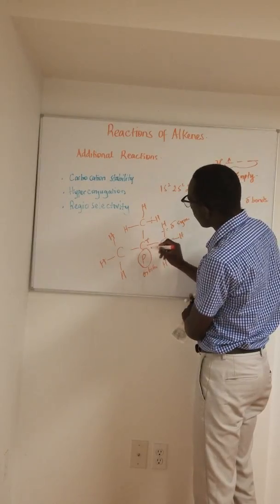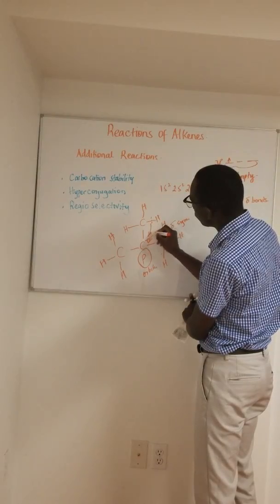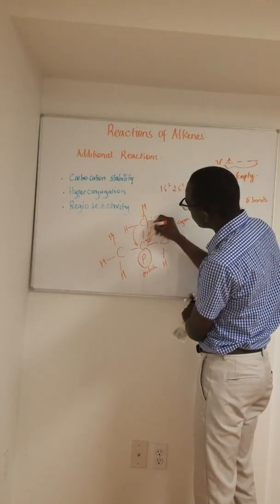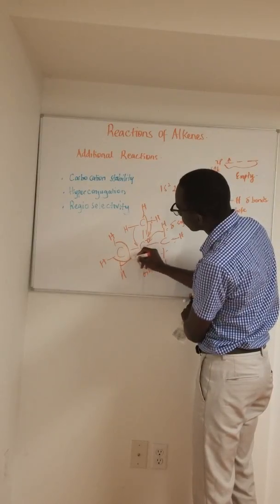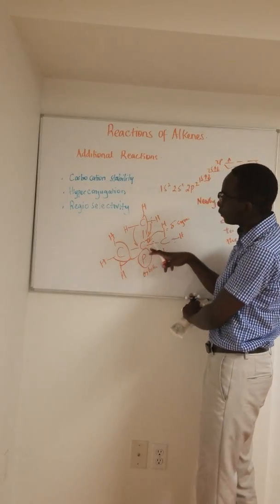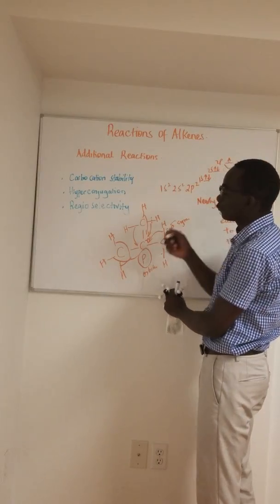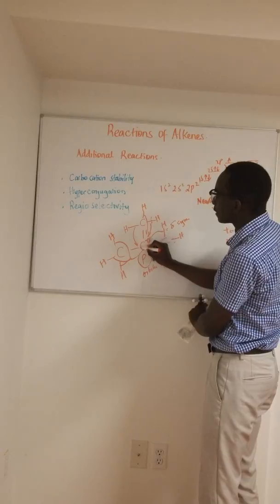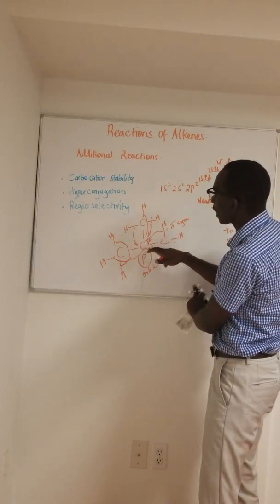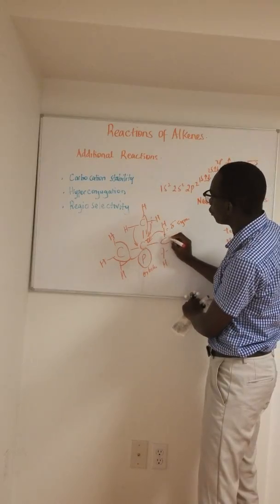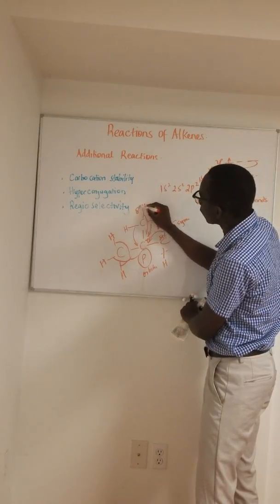So what's going to happen is that this will contribute, and this will contribute, and this will contribute, and all these three will contribute to the stability of this carbon. As a result, we are going to form a structure whereby the positive charge will not only be on this carbon, but will distribute all over the molecule.